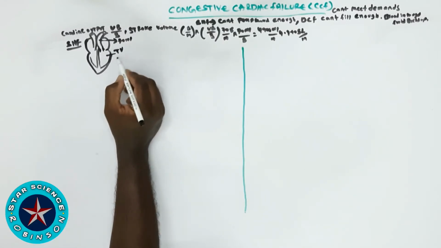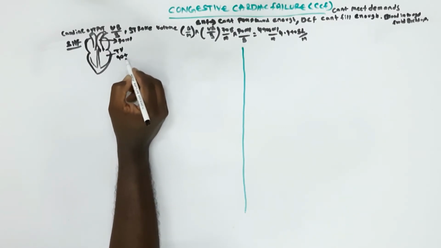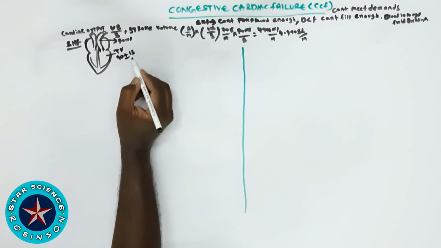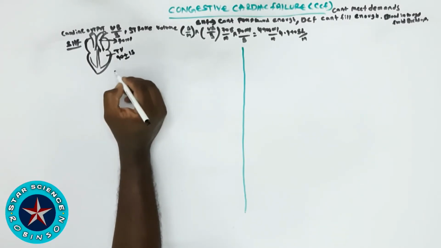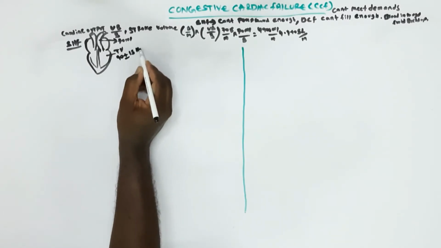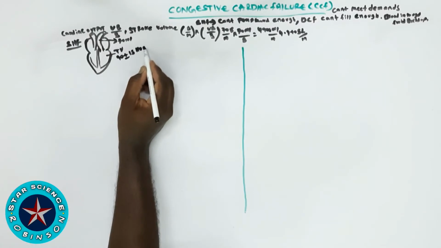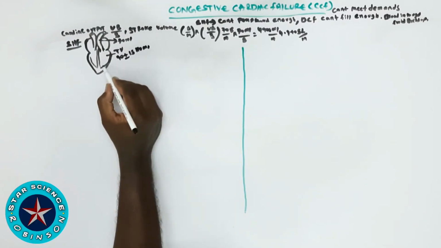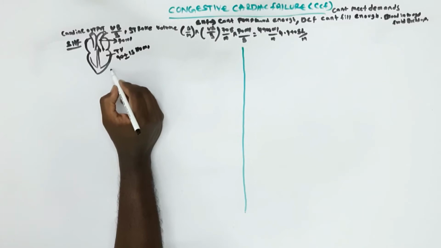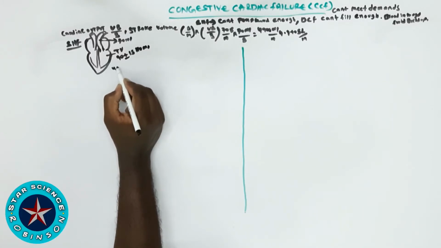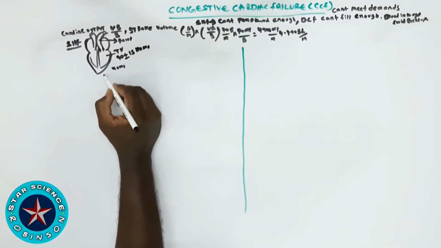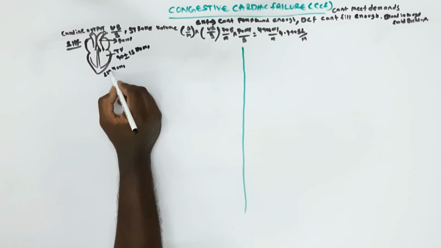What is end systolic volume? The end systolic volume is around 40 ml. If you subtract 70 from the total volume of 110, it will be around 40 ml. After the contraction phase, there will be 40 ml remaining in our heart.